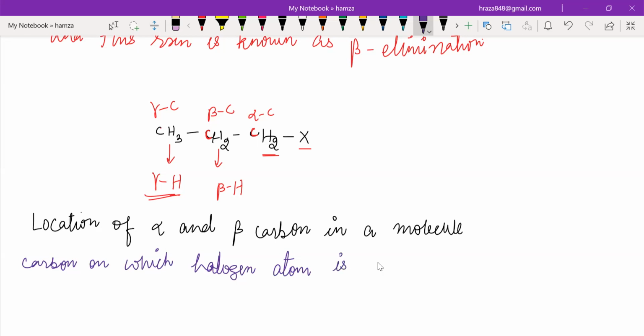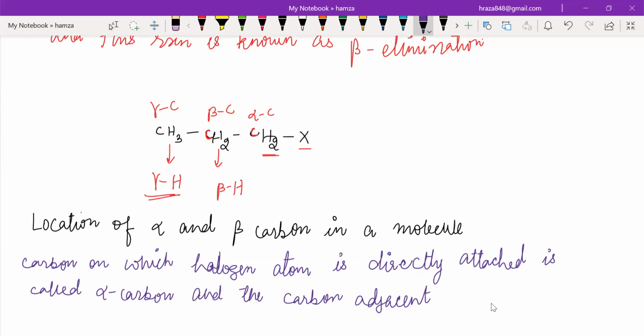The carbon to which the halogen atom is directly attached is the alpha carbon, and the carbon adjacent to this is beta.